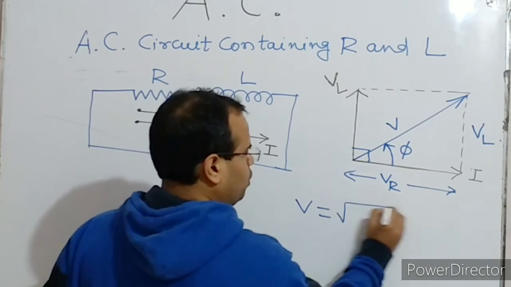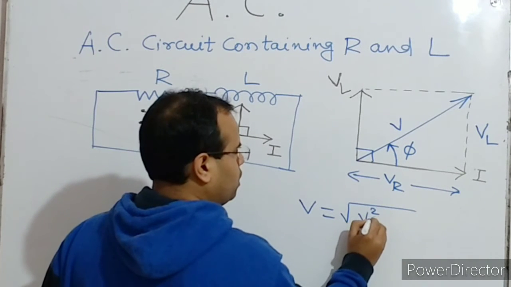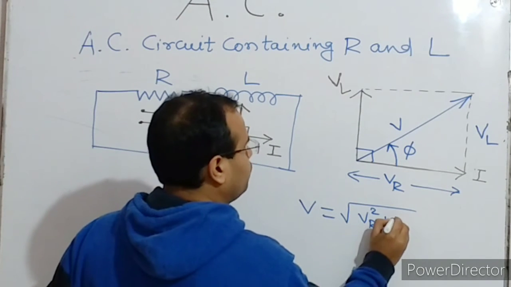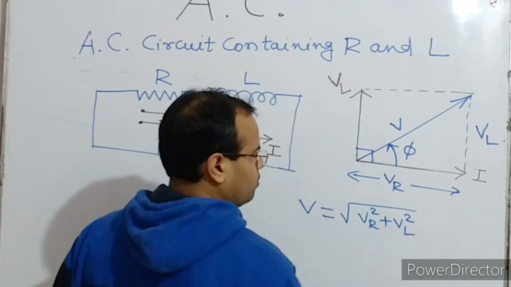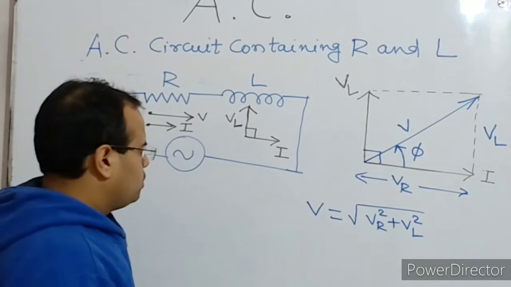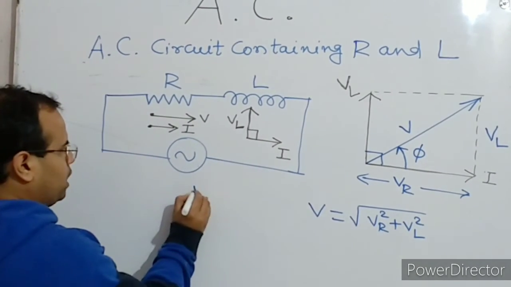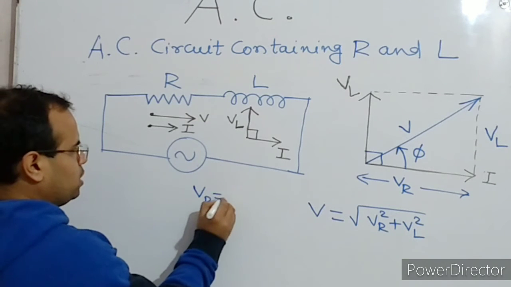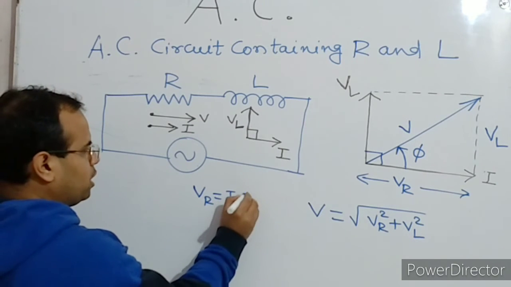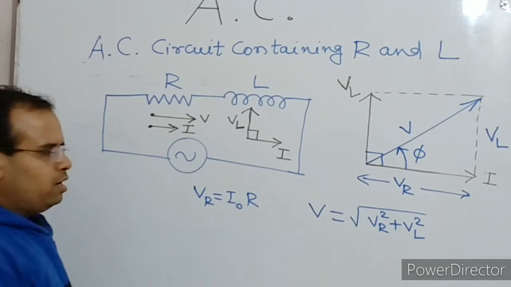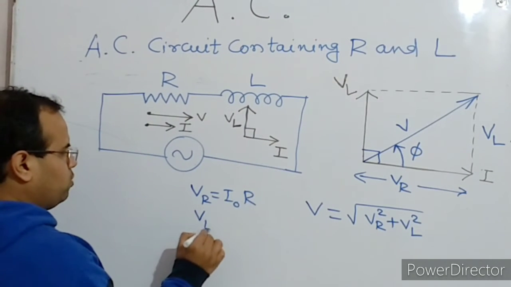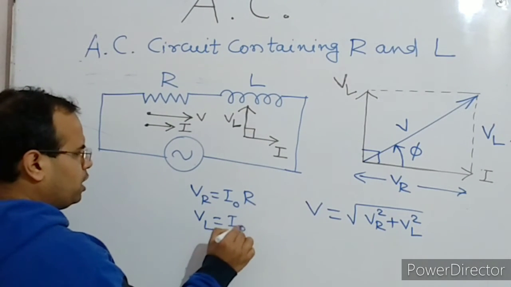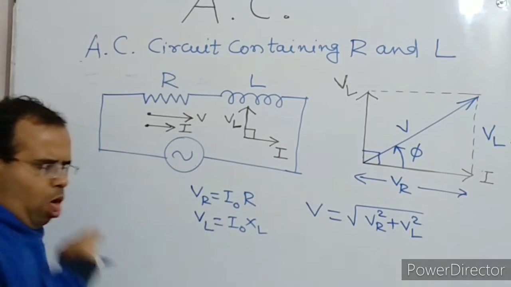You can see here very easily that the resultant V is given by the square root of VR squared plus VL squared. Correct. VR is equal to I naught times R, and VL is equal to I naught times XL.